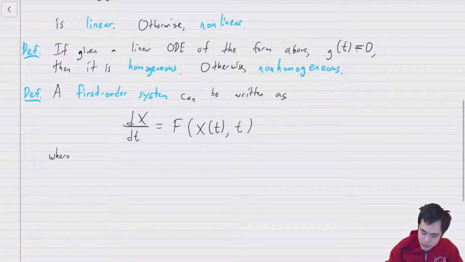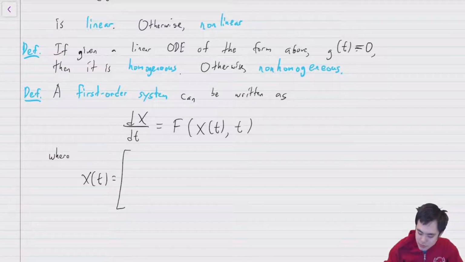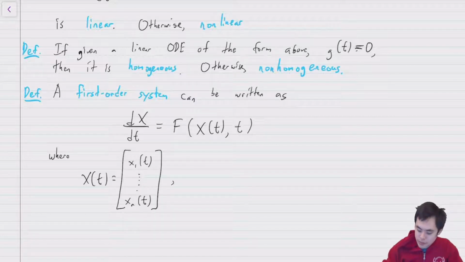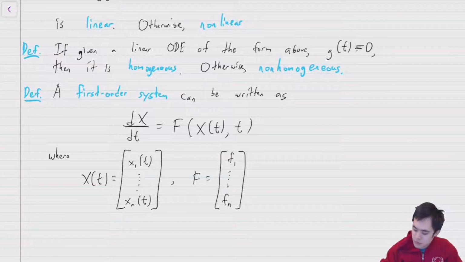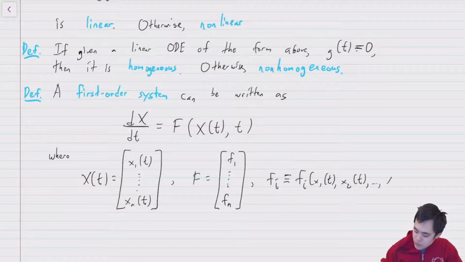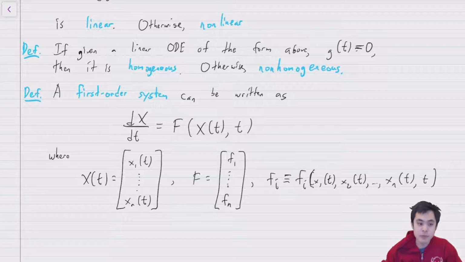So where x of t is equal to little x1 of t through little xn of t, and f, well, that is a bunch of functions f1 through fn, and each of our fi's is a function of x1 of t, x2 of t, all the way through xn of t, and possibly t itself. So functions of all different variables.